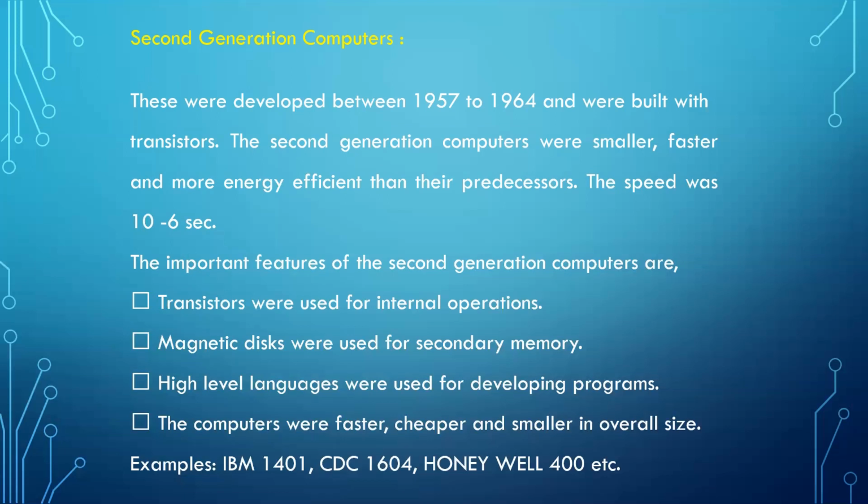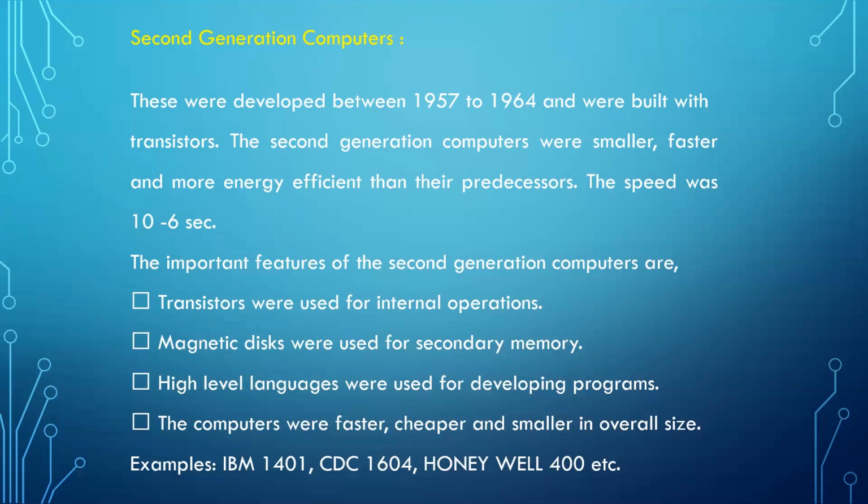And the examples of second generation computers were IBM 1401. Here IBM stands for International Business Machines. This is one of the oldest brands in manufacturing computers.